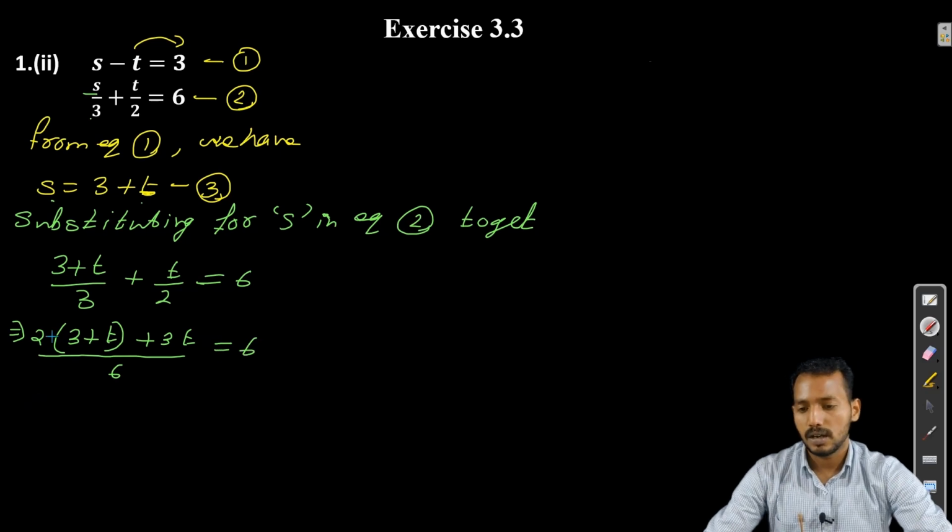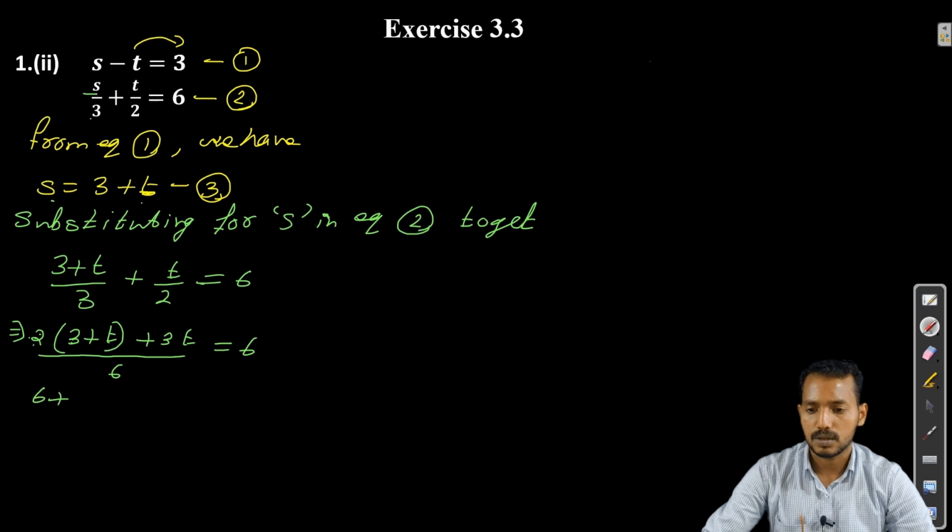Now simplify it: 2 into 3 is equal to 6, plus 2 into t is 2t, plus 3t, which is equal to 6. This denominator 6 we take to the right side, so it will be into 6. Now 2t plus 3t is equal to 5t, plus 6. This 6 we write here, which is equal to 36.